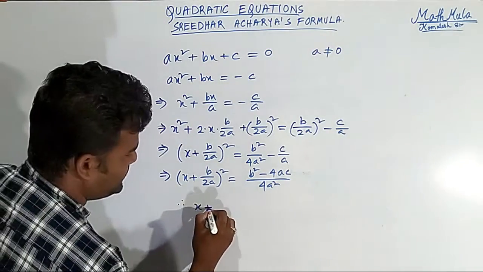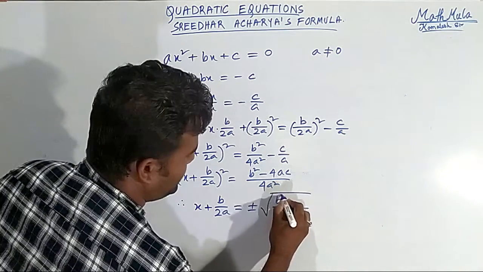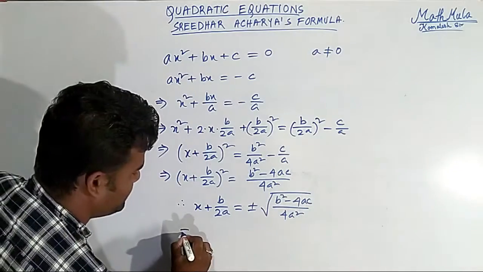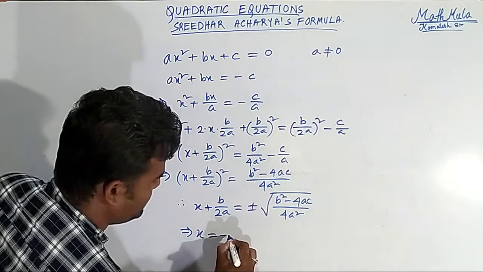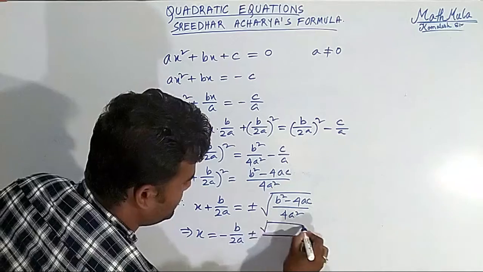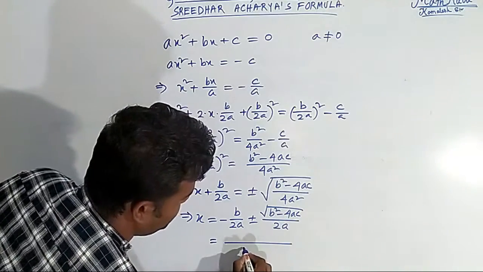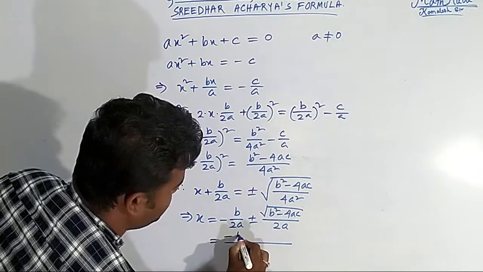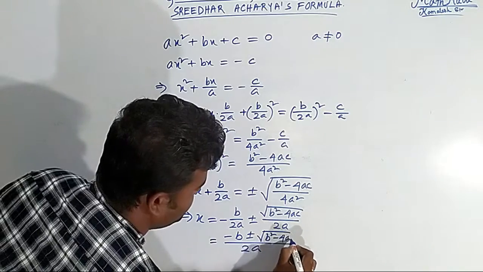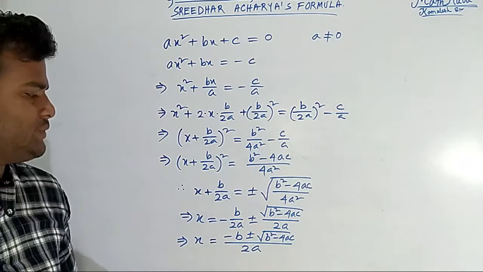Then we get x plus b by 2a is equal to plus minus root over b squared minus 4ac by 2a. That implies x is equal to minus b by 2a plus minus root over b squared minus 4ac by 2a. So it will be 2a, and it is minus b plus minus root over b squared minus 4ac. x is equal to minus b plus minus root over b squared minus 4ac by 2a.